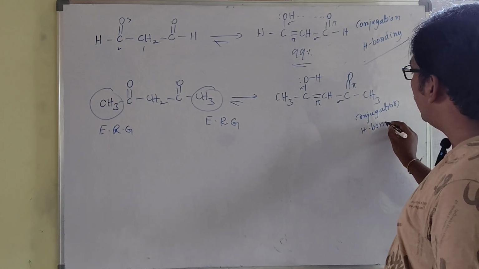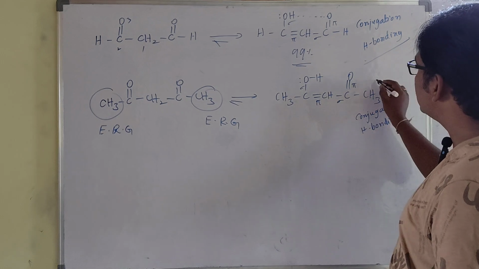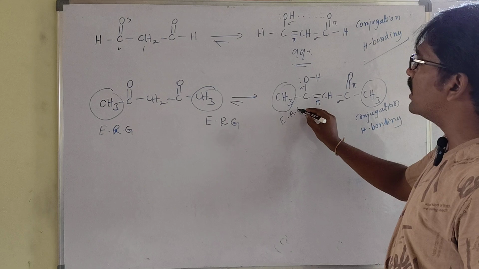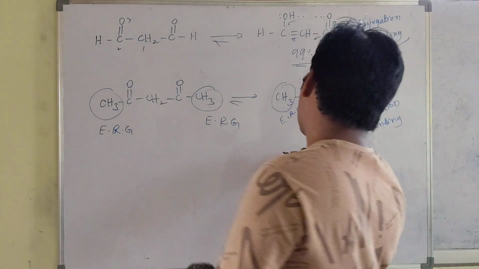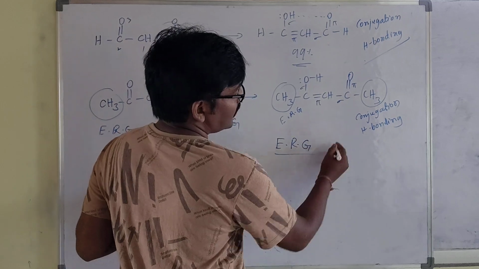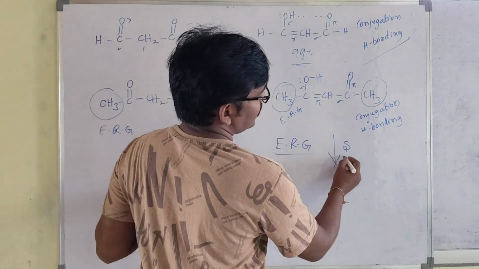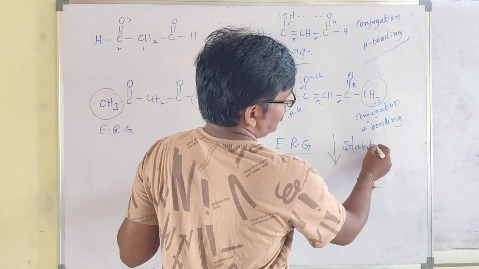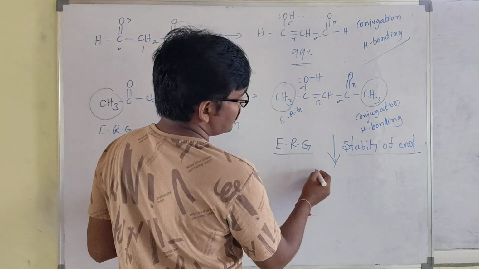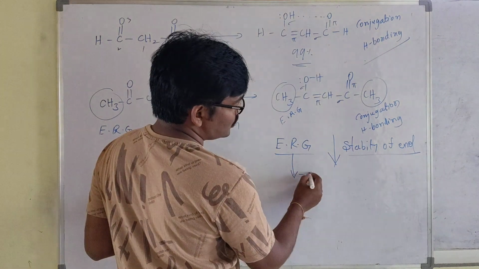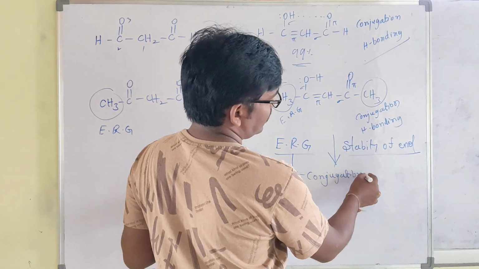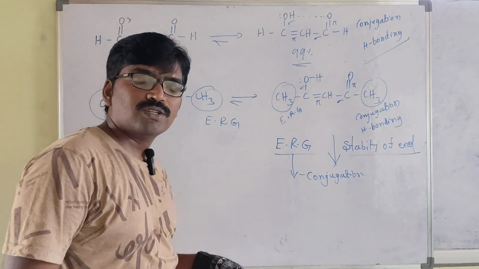But for what reason is it unstable? Because electron releasing groups are attached. I told you, electron releasing groups decrease the stability of enol. Why? They decrease the conjugation. That is the reason. Clear, my dear students?